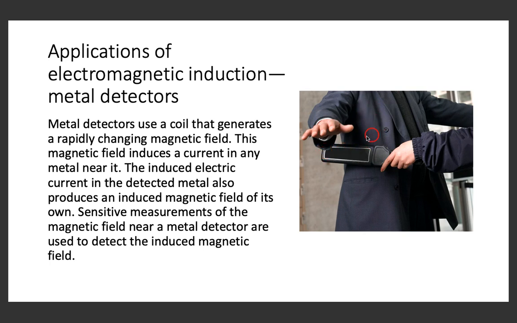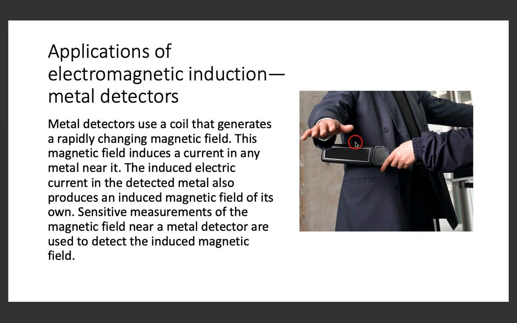So let's say that this individual has, I don't know, a metal watch or something in their pocket. If this metal detector is generating a rapidly changing magnetic field, then there's going to be a current induced in this person's watch if there's some metal in it.